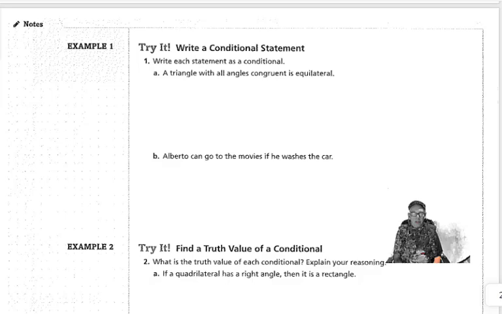Write each statement as a conditional. A triangle with all sides congruent is equilateral. So if a triangle has equal angles, then it is equilateral.